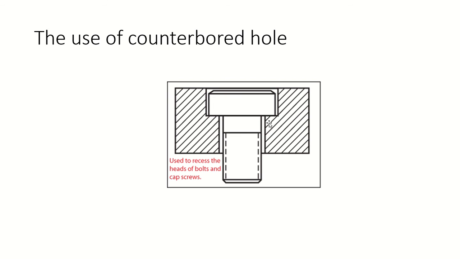All right, so we use a counterbore hole, this is your counterbore hole, to recess the heads of bolts and cap screws. Look at this feature, and we have of course a bolt going into our counterbore. When you drive this bolt into our counterbore, you're going to get this. So that's what we use the counterbore for, because we have to put the bolt into that space.